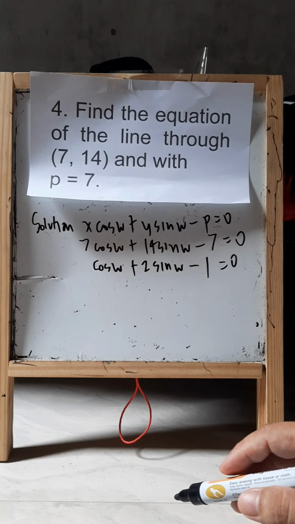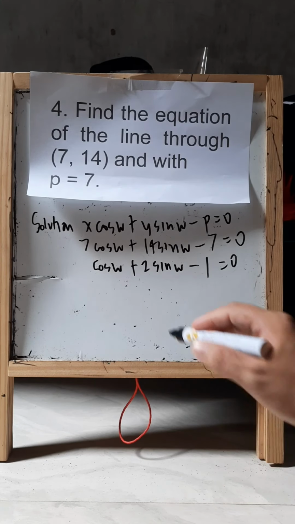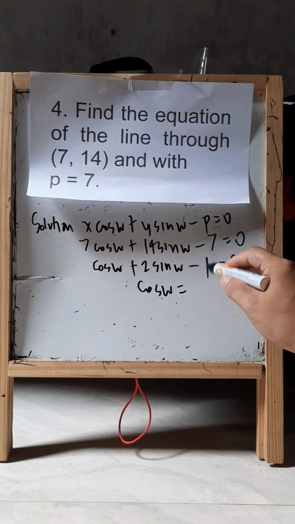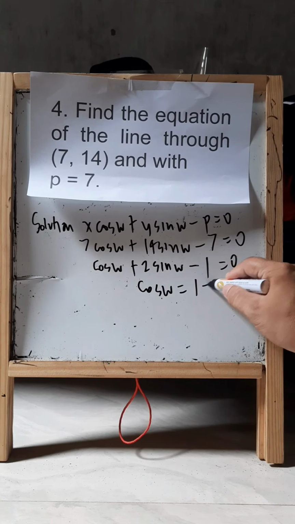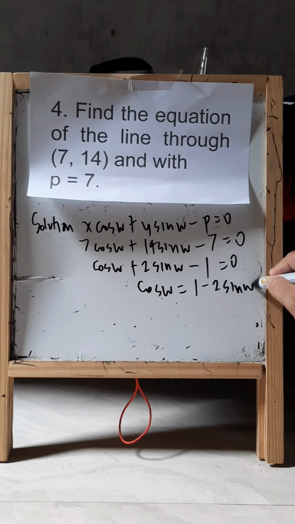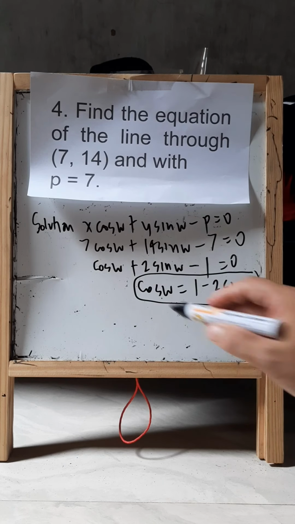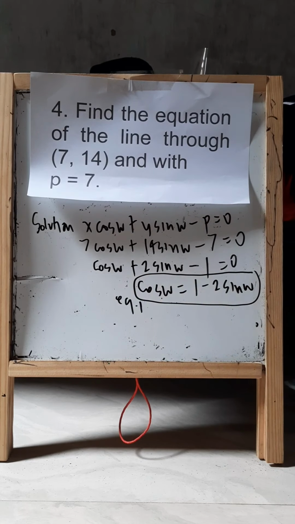Right? Now, let us solve for cosine w in terms of sine w. Just transpose negative 1, so cosine w equals 1 minus 2 sine w. So we have formed equation 1.